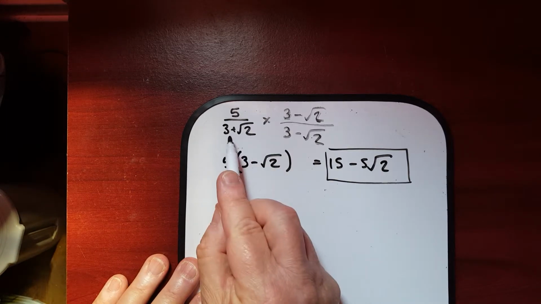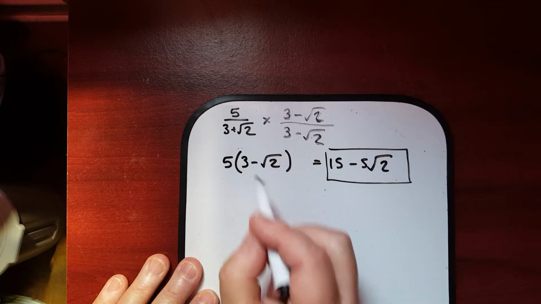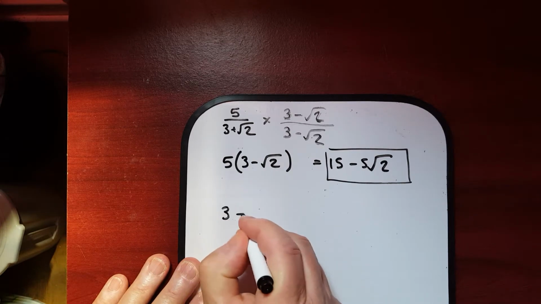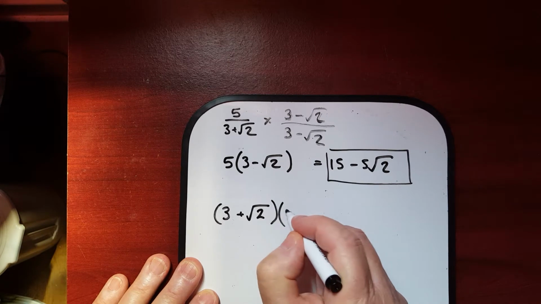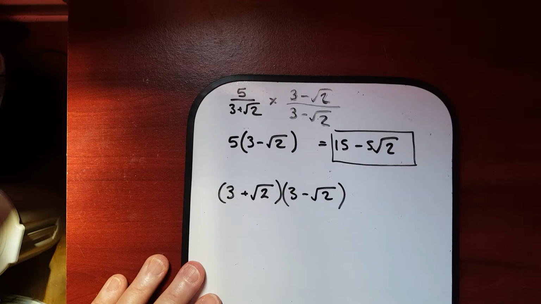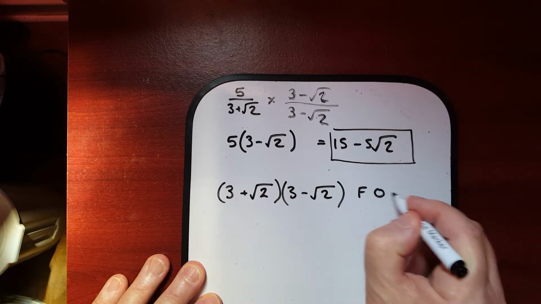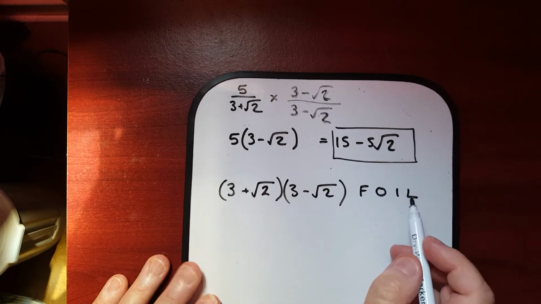We've got to multiply 3 plus the square root of 2 times 3 minus the square root of 2. Now again, we're going to do this in bracket form. We're going to expand brackets, but this time it will be a double bracket. So we're going to use the FOIL method, if you remember that from before. First, outside, inside, last.